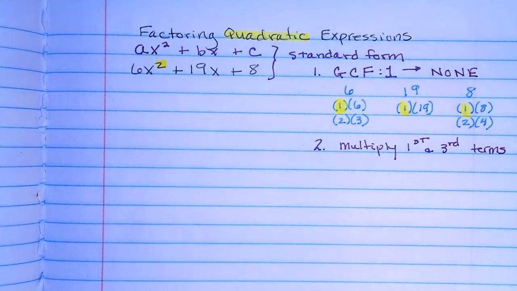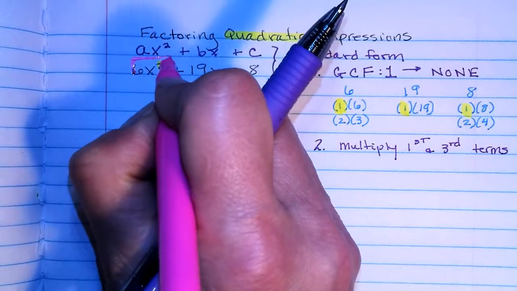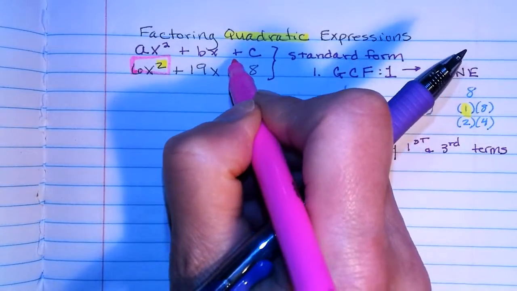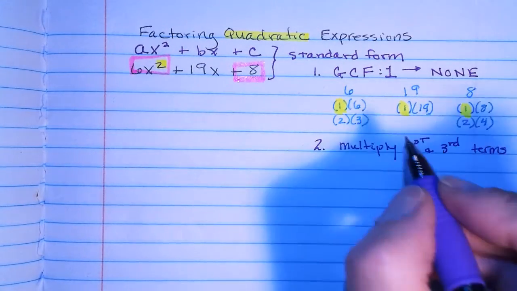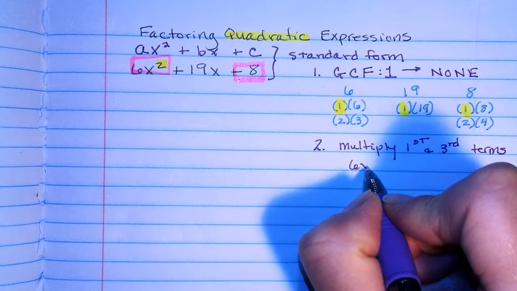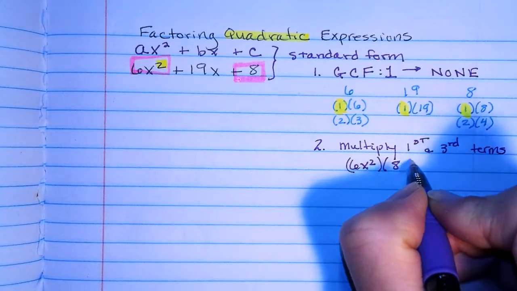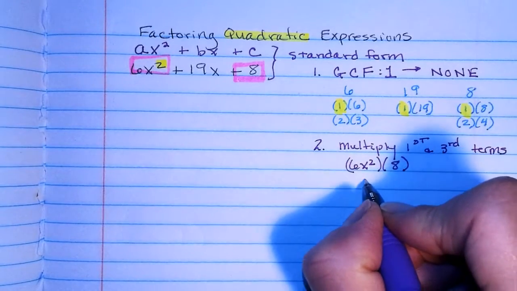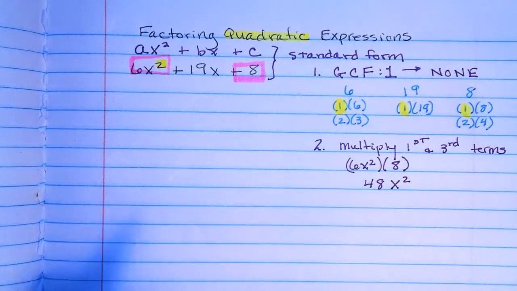Okay, so what are my first and my third terms? My first term is 6x squared, and my third term is a positive 8. So if I multiply 6x squared times 8, I end up getting 48x squared.